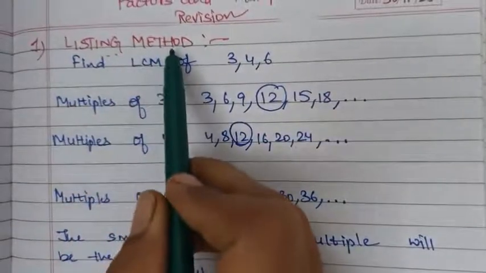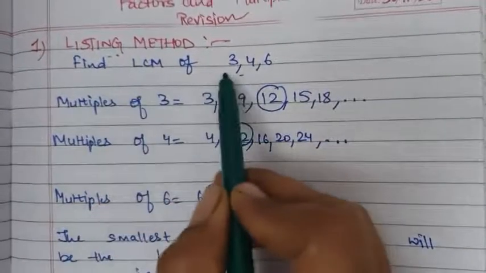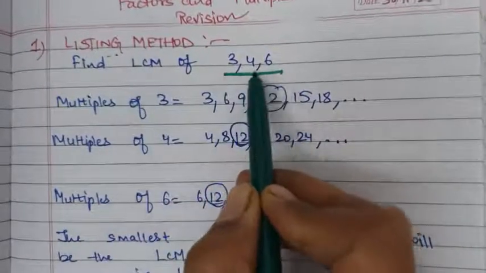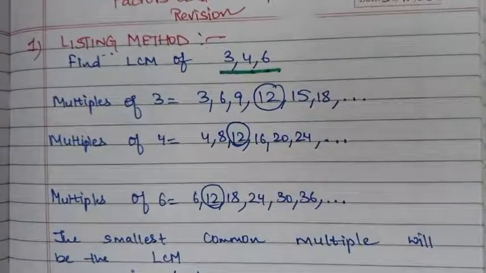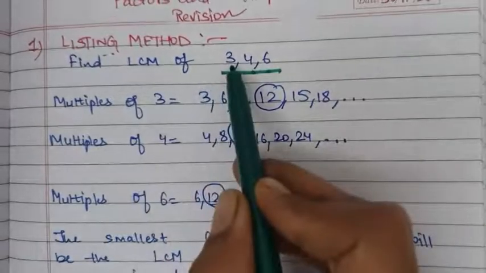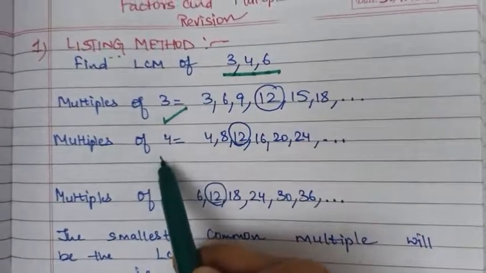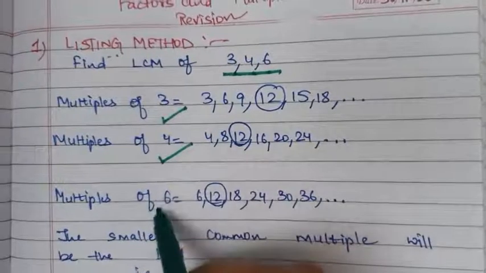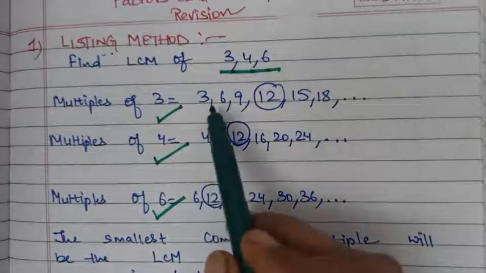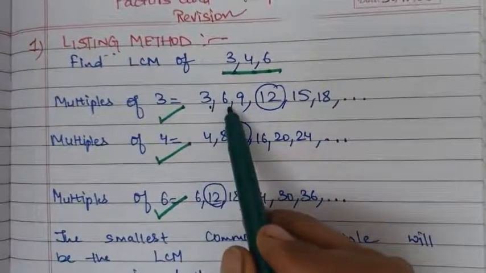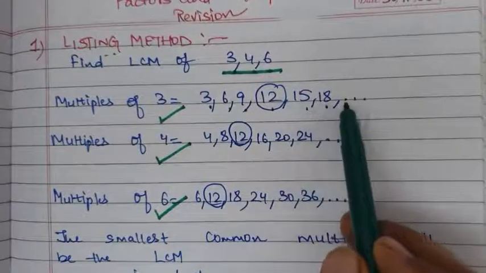Listing method. Suppose we have to find the LCM of 3, 4 and 6. The first step: write the multiples of 3, write the multiples of 4 and then write the multiples of 6. 3, 6, 9, 12, 15, 18 and so on.